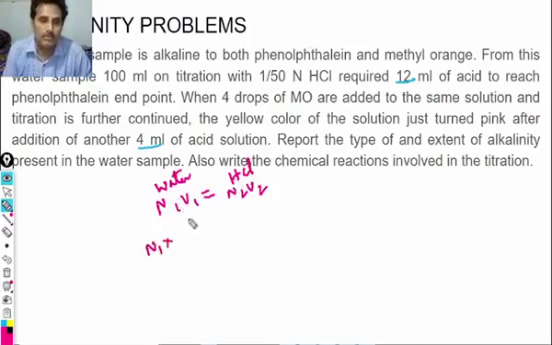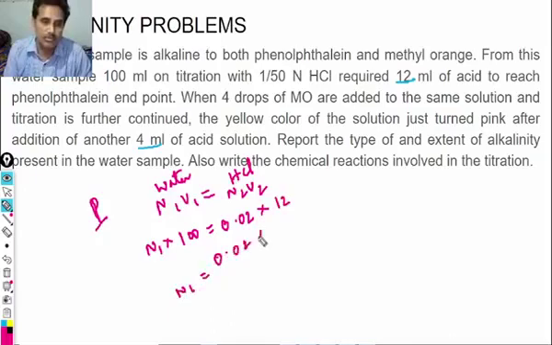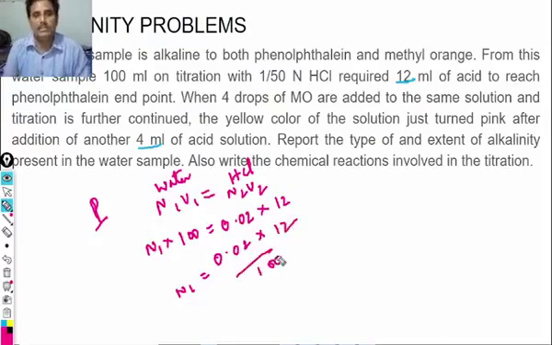V1 is the water sample volume, 100 ml taken, and the normality of the HCl solution is 1 by 50, that is 0.02 normal. The volume of HCl for the phenolphthalein alkalinity is first 12 ml. So N1 equals 0.02 into 12 divided by 100. Always calculate the normality up to 4 digits without fail, otherwise the value will come wrong.